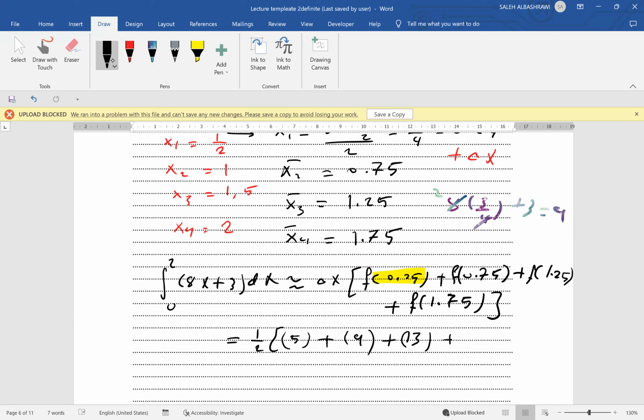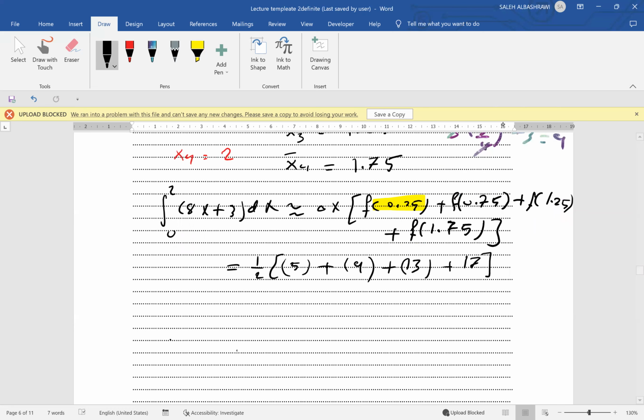Now add everything together: 5 plus 9 is 14, plus 13 is 27, plus 17 is 44. Multiplied by 1/2, that is equal to 22.